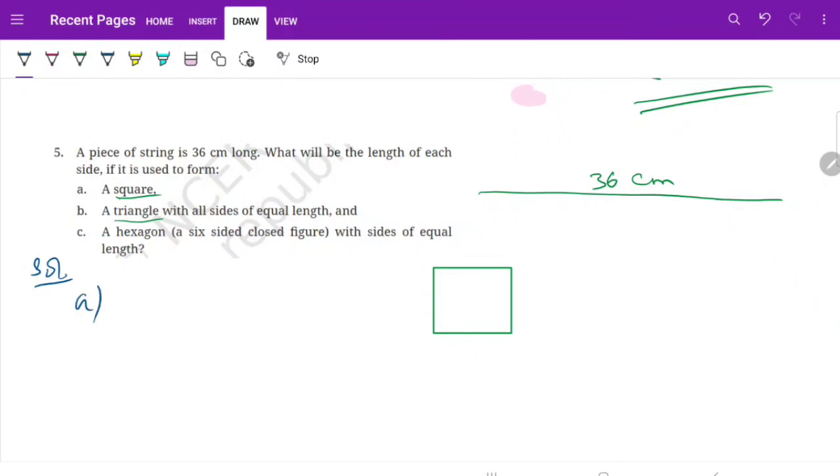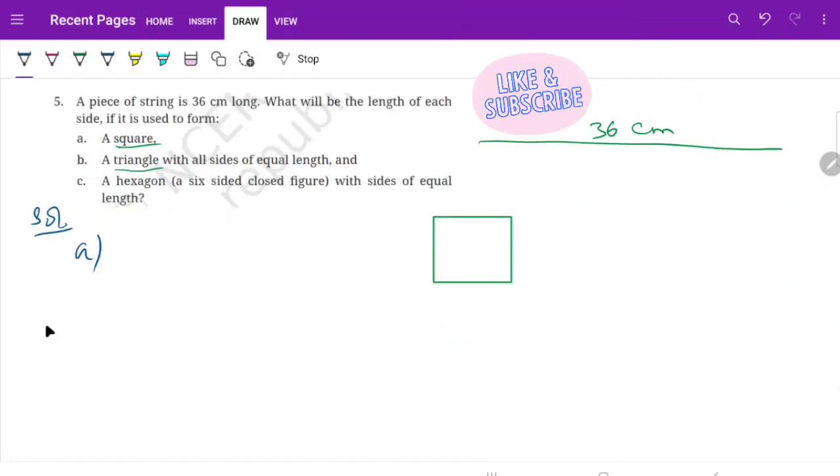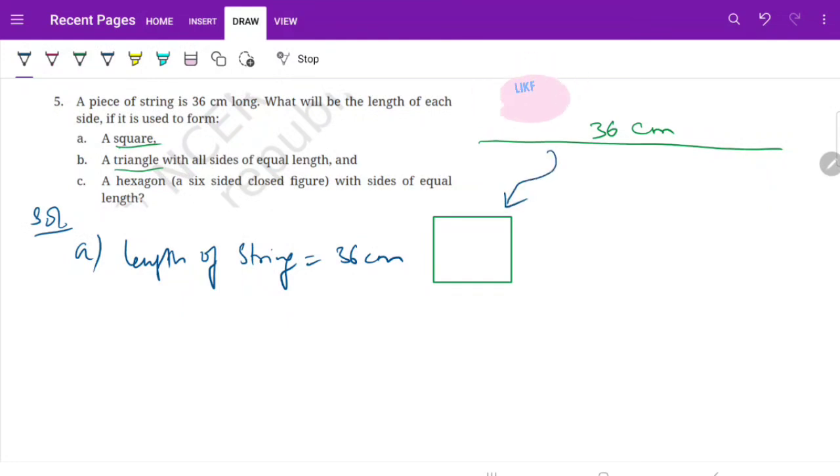Total length is how much? 36 centimeter. So we have to write length of string. It is given to us 36 centimeter. So perimeter will also be 36 centimeter, because this string is converted to a square, means the perimeter of the square is 36 centimeter here, right?